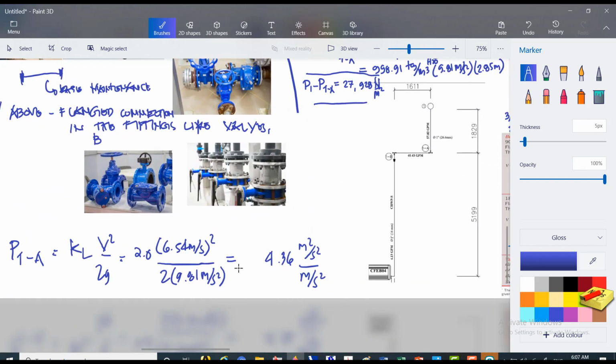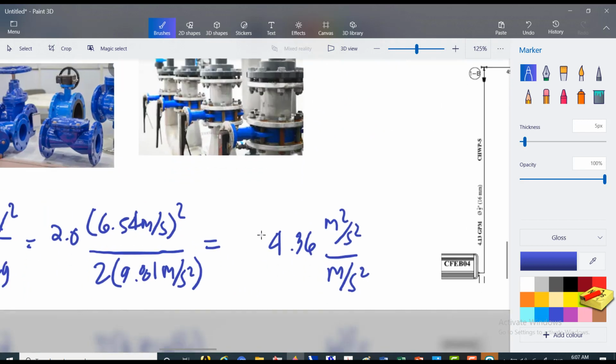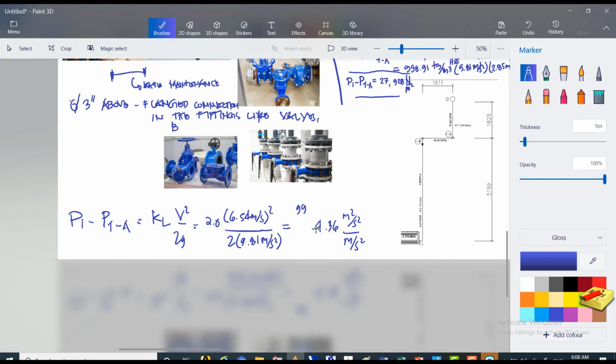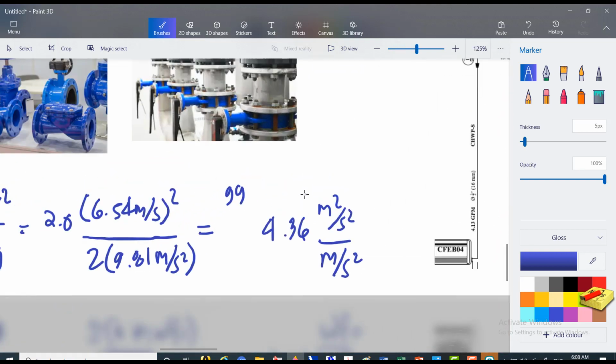So if you're going to multiply the density, ang unit ng density, that will be kilogram per cubic meter, which is 998.91.